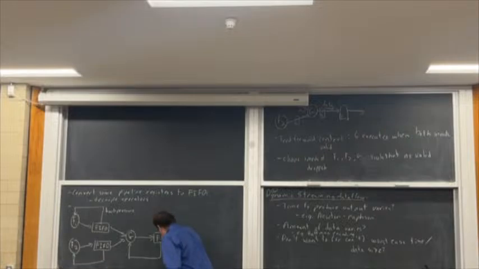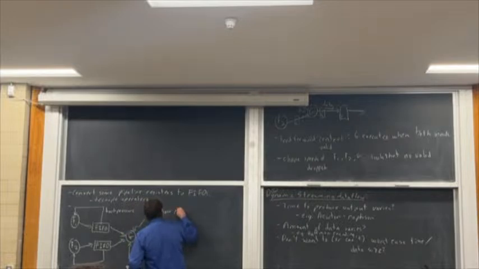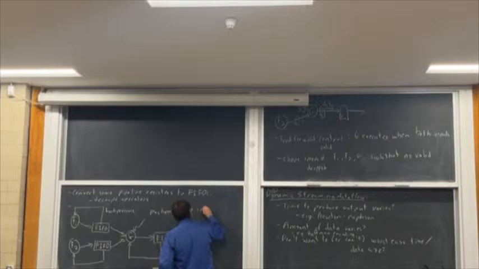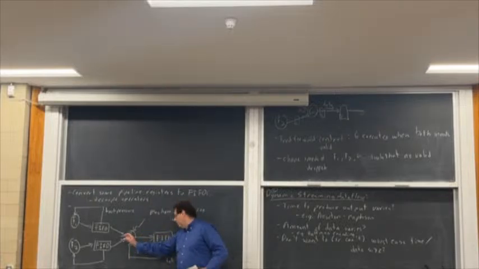Now, we could actually still use, and we commonly do, have pipeline registers inside this operator. So there's no reason this has to be combinational. In general, it won't be. Still a good idea to pipeline this.